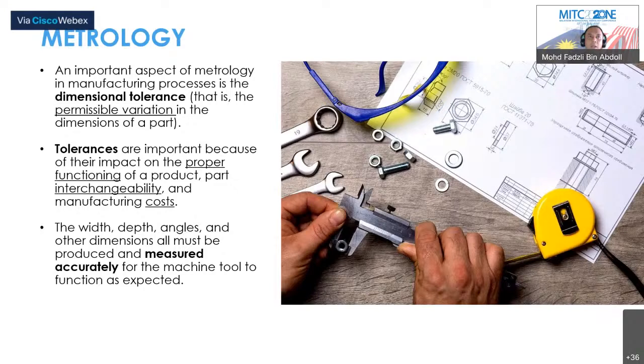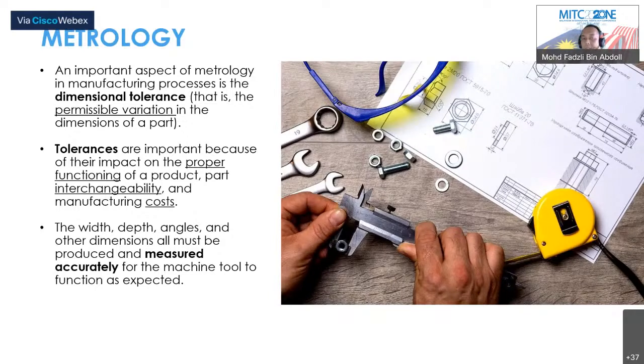Because in assembly process nanti, maksudnya the hole tu kita boleh assemble dengan something. If let's say kita ada satu part yang kita nak masukkan dalam tu, at least dia boleh masuk lah part tu.